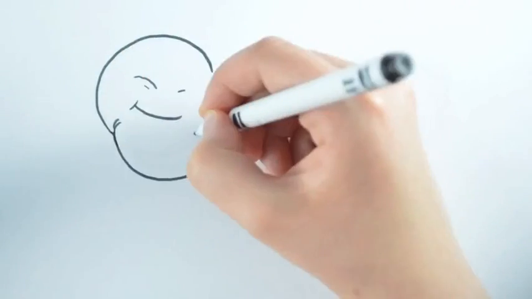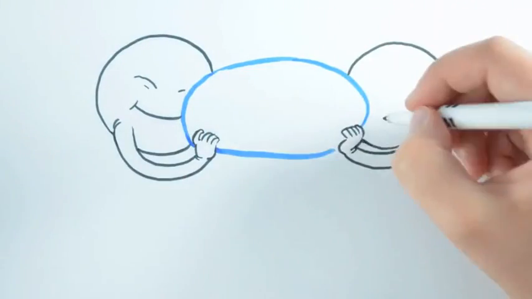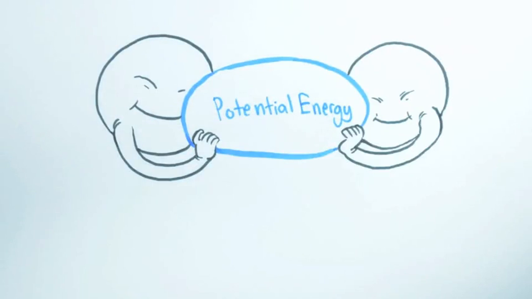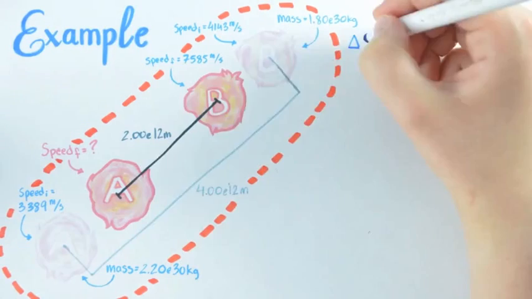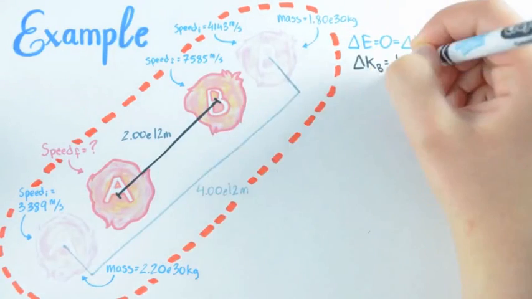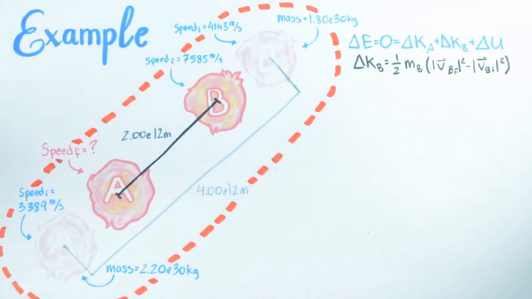It's good to keep in mind that, in general, potential energy changes can be shared by all parts of the system. We need to use the energy principle to tell us the specifics of the shared energy, in the case where one or both stars gain kinetic energy. So let's do that. First, for star B, we can use the information in the problem statement to find delta KB. Working that out, we see that star B gains kinetic energy.